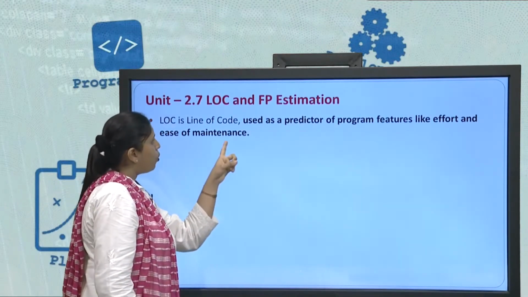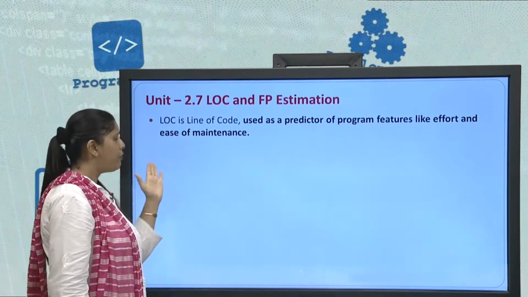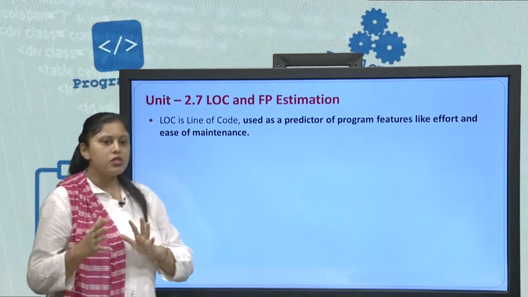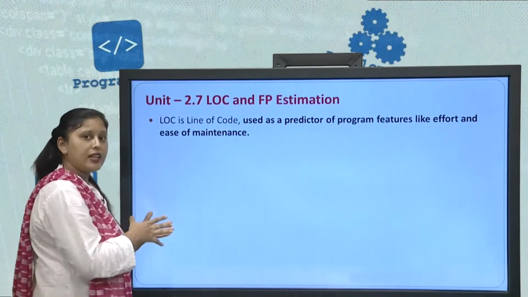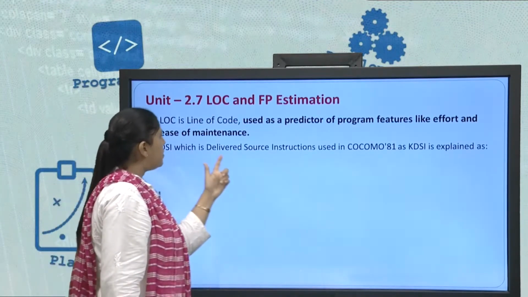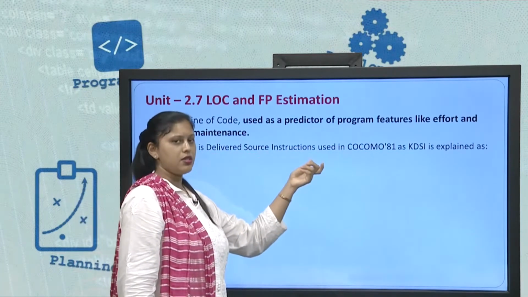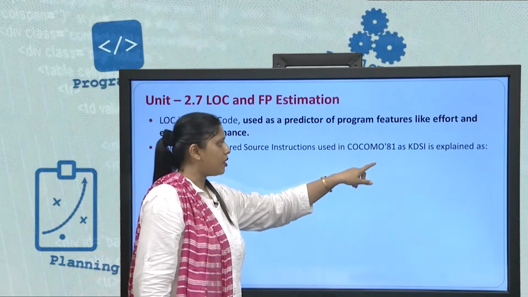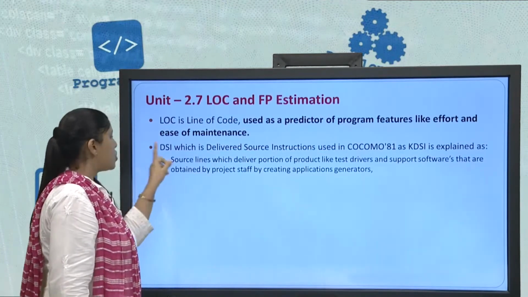LOC, line of code, is used as a predictor of program features like effort and for ease of maintenance. It includes features like effort, and it is very easy to maintain, and it predicts my program's features. DSI stands for delivered source instructions, used in COCOMO 81, which we will see at the end when we cover the COCOMO model, as KDSI is explained as source lines.